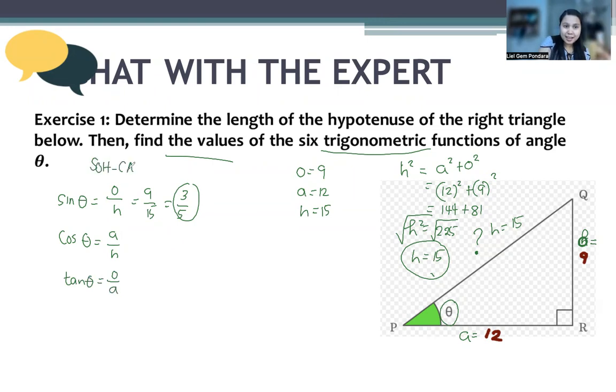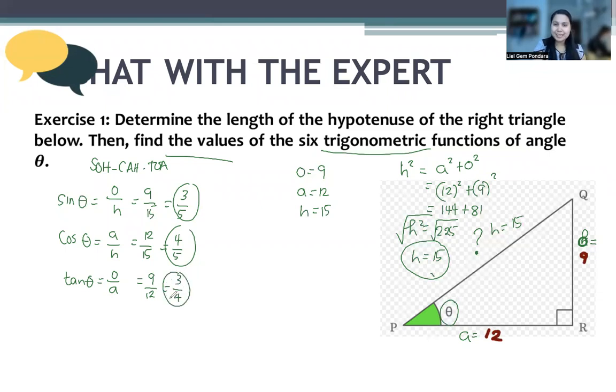So our cosine is 12 over 15. Reduce it, that's 4 over 5. Next, tangent, 9 over 12, that's toa. Reduce it, divide both by 3. We have 3/4.